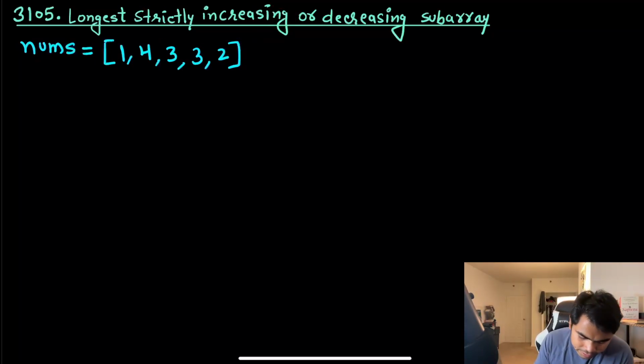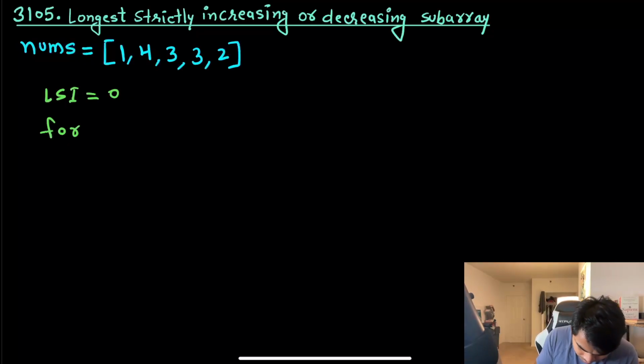So what I'll say is, longest length in the beginning, it's 0. I'll say longest strictly increasing length right now is 0, and then I'm going to start visiting this array.